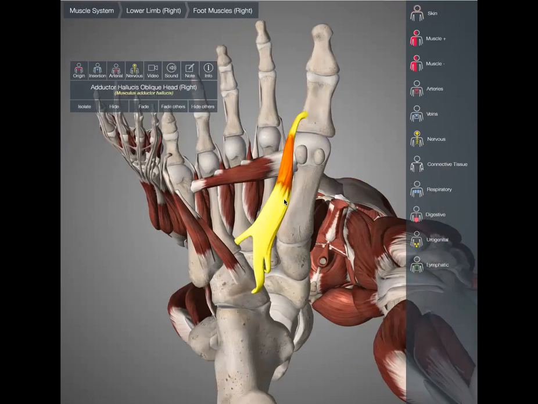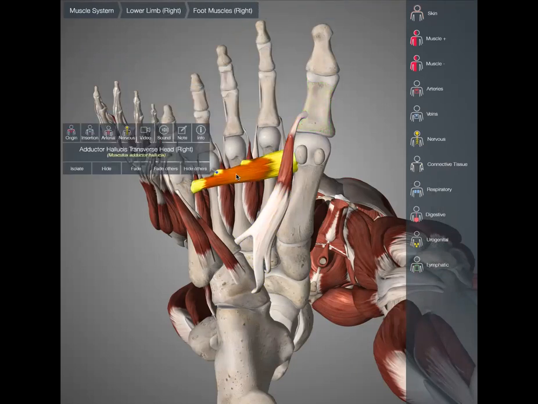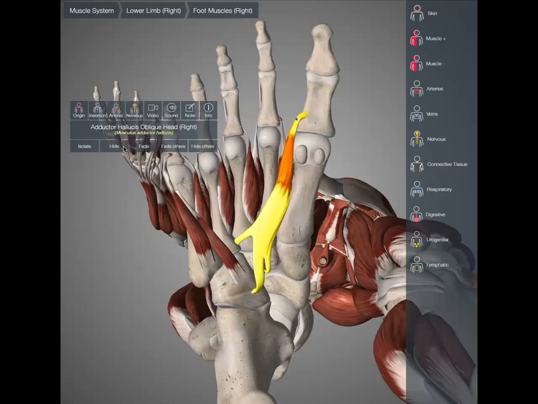The oblique originates from the base of the second, third, and fourth metatarsals, and it inserts together with the transverse onto the lateral aspect of the base of the proximal phalanx of the greater toe. And the transverse originates from the plantar ligaments of the metatarsophalangeal joints. Okay, so we will hide this one.